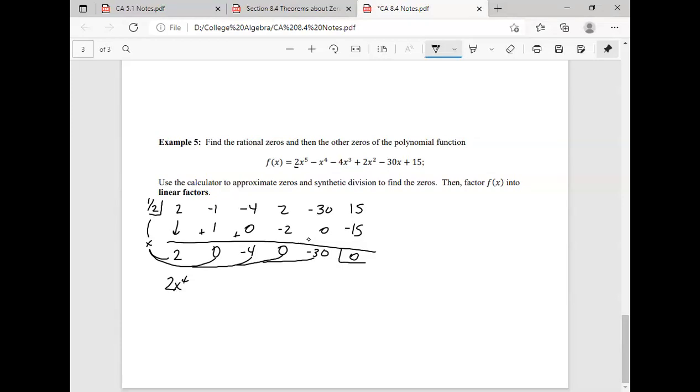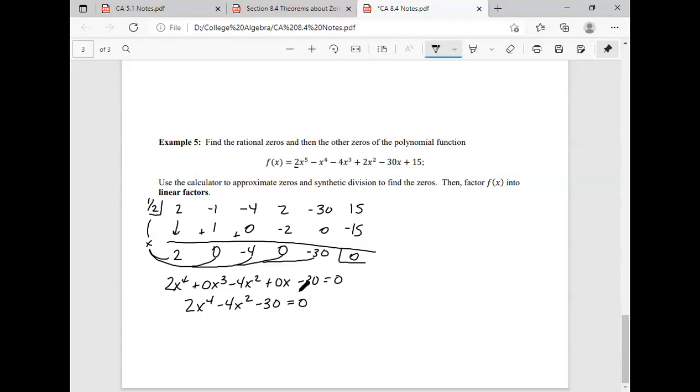It would be 2x to the 4th plus 0x to the 3rd minus 4x squared plus 0x minus 30 equals 0, which if we take all of those that are just 0 coefficients out, we're just left with this. Is everybody okay with that?